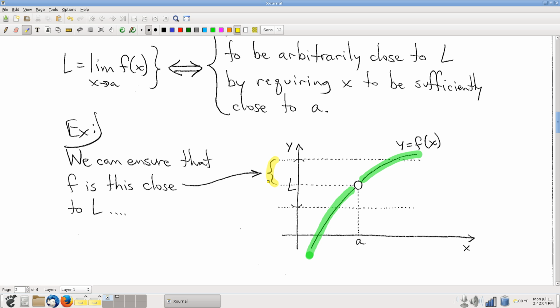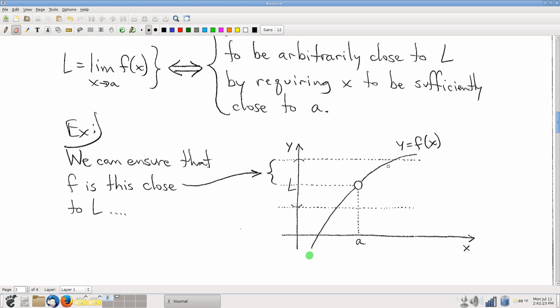Well, that close to L means that the value of the function would have to be somewhere in this interval here, because it could be that close either on the above or below side. So can I do that? Can I ensure that the function will be no more than that distance away from L?